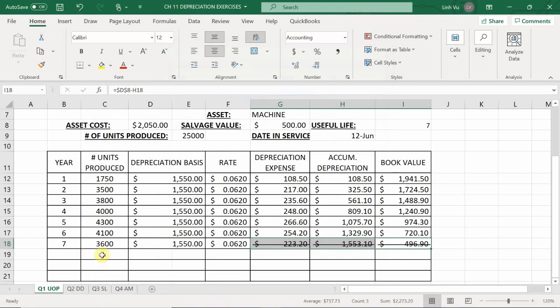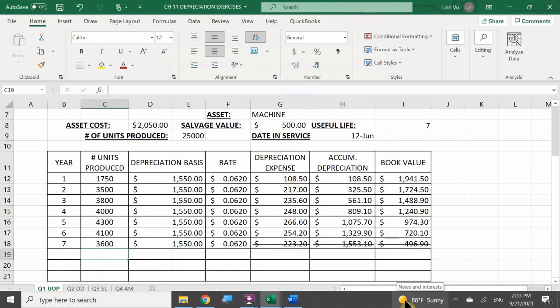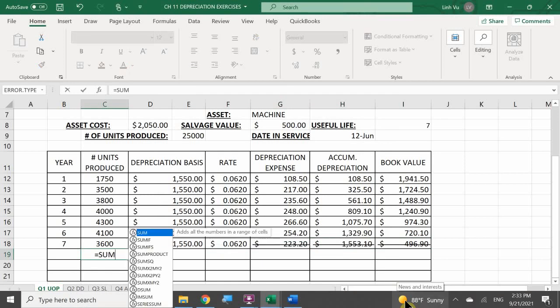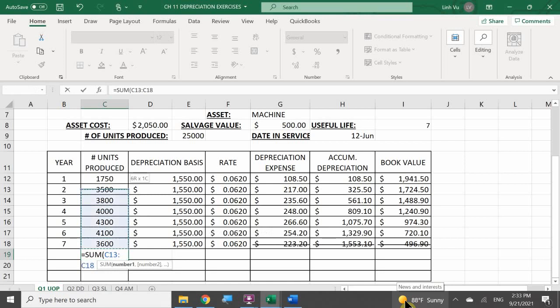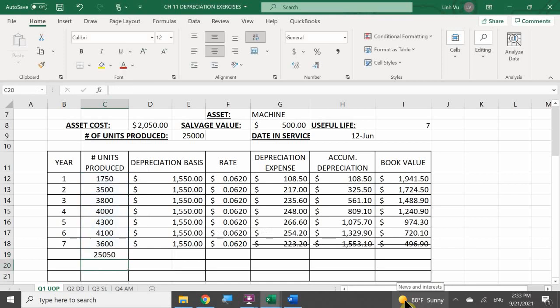In this case, I'm going to take a look at how many items I actually have in grand total. Okay. In this case, I have a grand total of 25,050. So therefore, I produced 50 units over.